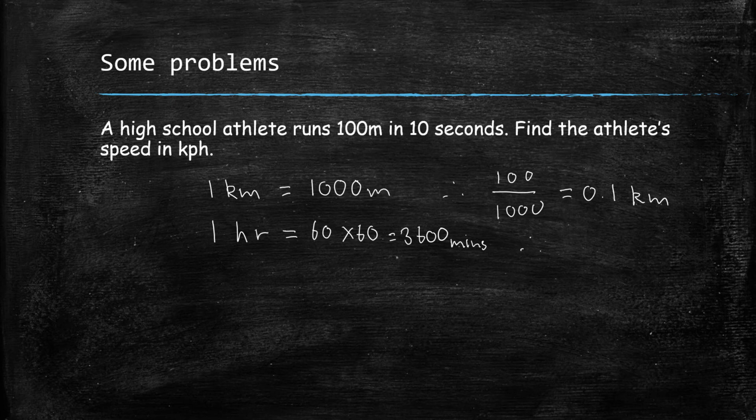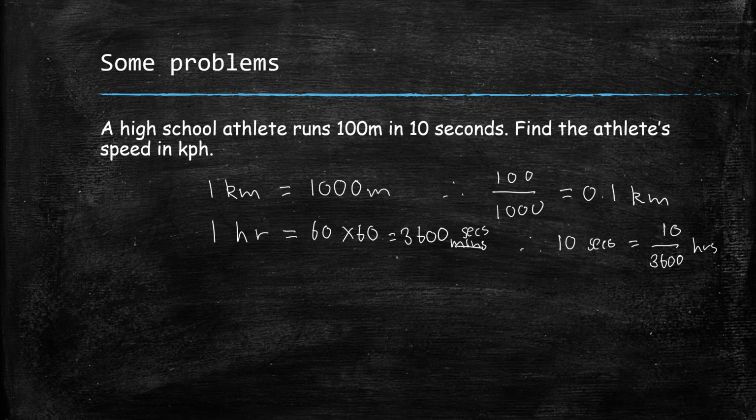Therefore we are going to convert 10 seconds into hours. If 1 hour is equal to 3,600 seconds, that means 1 second is equal to 1 over 3,600 hours. Therefore, in 10 seconds, it has to be 10 times that, so 10 over 3,600 hours.